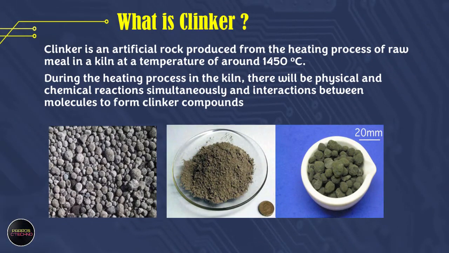What is clinker? Clinker is an artificial rock produced from the heating process of raw meal in a kiln at a temperature of around 1450 degrees Celsius. During the heating process in the kiln, there will be physical and chemical reactions simultaneously, and interactions between molecules to form clinker compounds.